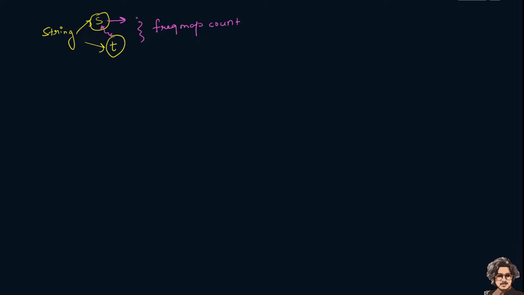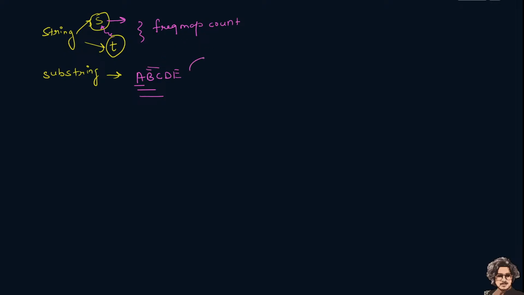The other thing we are talking about in this question is the substring. You know about substrings: a substring is a continuous sequence of characters. If we have A B C D, then A is a substring, AB is a substring, ABC is a substring, B is a substring, BC is a substring, and so on.